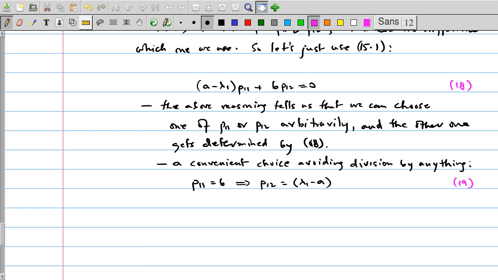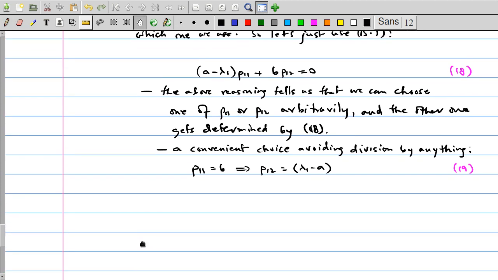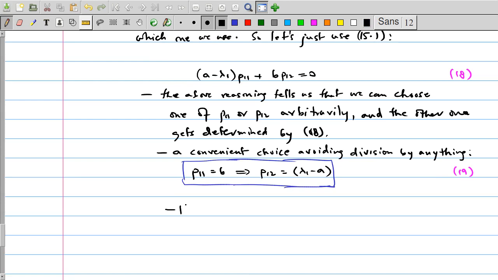Right? Yeah. Okay. So this is an important thing. So now hence we have P1 equals whatever they are, B and lambda 1 minus A. Okay, that's 20.